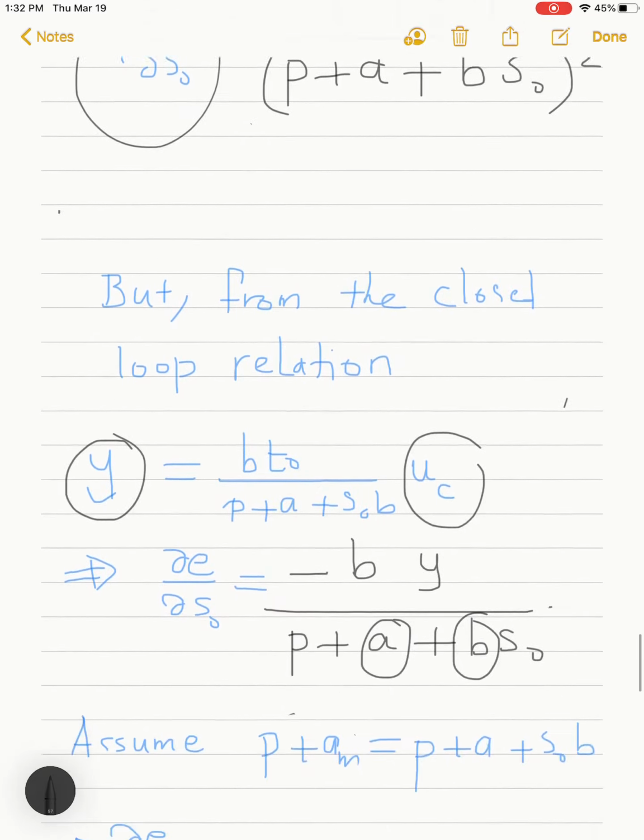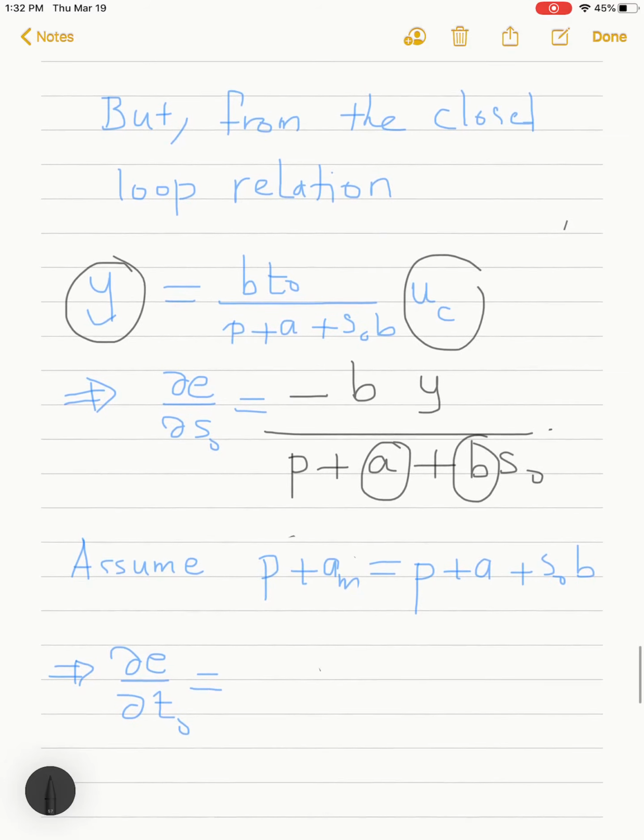So I can't really implement these sensitivity derivatives in real time. So I'm going to assume that once the system converges, the closed loop poles of the system will be actually the closed loop poles of the reference model, and that means that this denominator can be replaced by p + am.